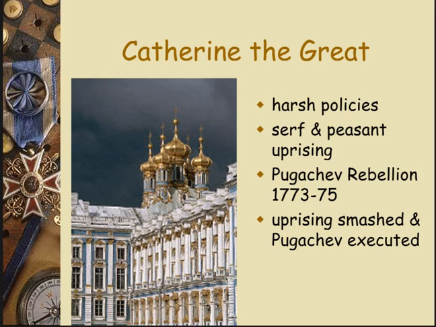And so it was kind of a strike and a rebellion. And Catherine ordered the smashing of this rebellion. Very forceful, very violent. The capture of Pugachev and his execution to make an example of him.